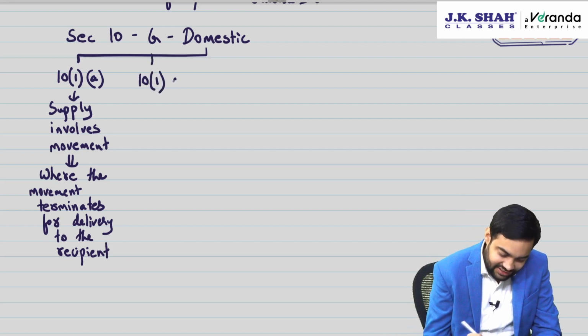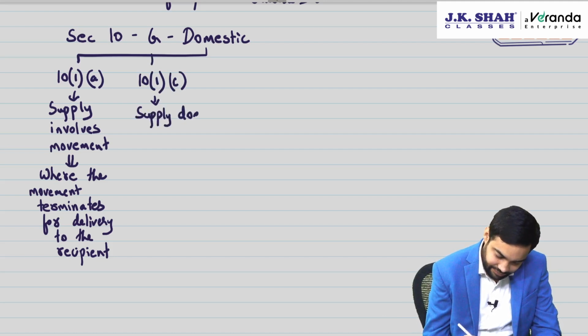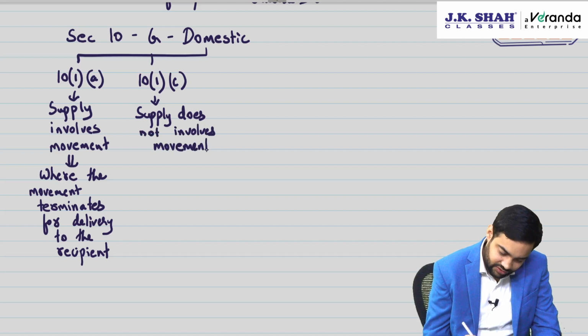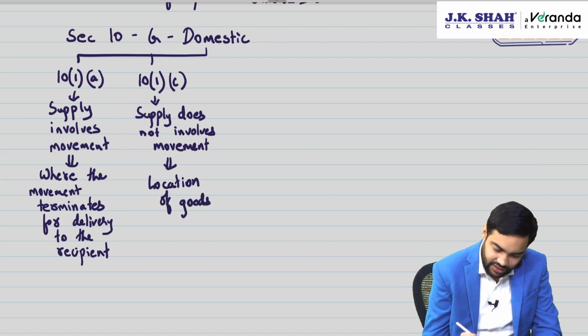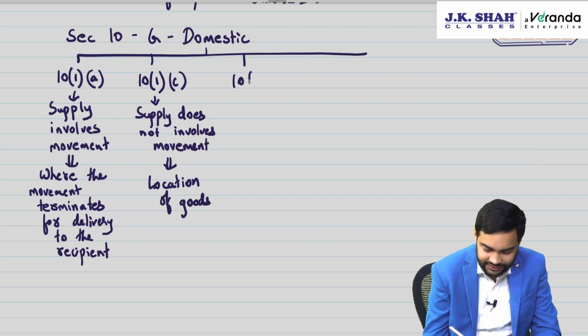Then you have 10(1)(c), which deals with supply that does not involve movement. Now if the supply does not involve movement and the goods have been sold without any movement of those goods, then the place of supply will be location of the goods. Then you have one new point, 10(1)(ca).